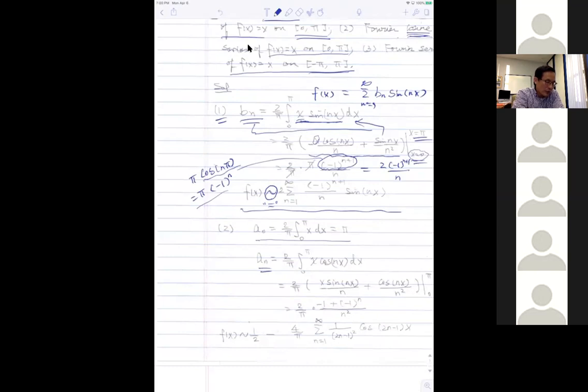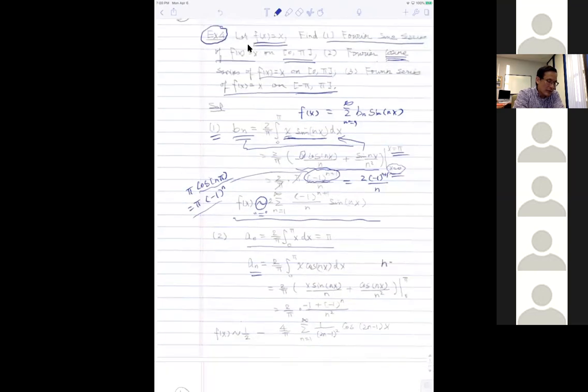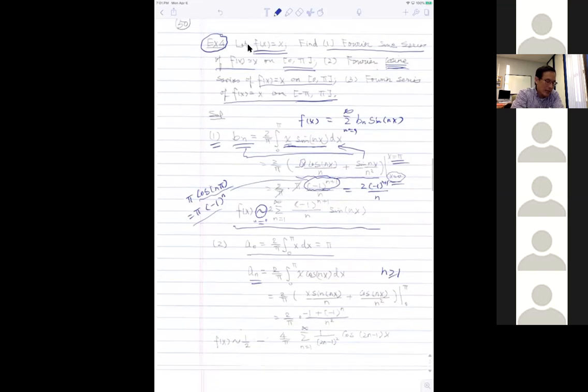Usually we separate the case of when n is 0 and when n is not 0, when n is greater than or equal to 1. And you do the computation again. When the integrand looks like this, you use integration by parts, and the result would be this here. So the Fourier series in this case would be this. So this would be a cosine Fourier series.